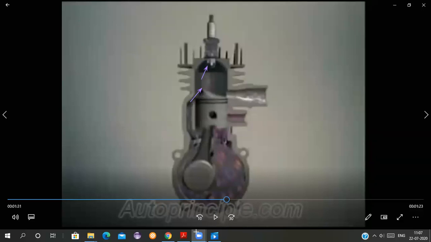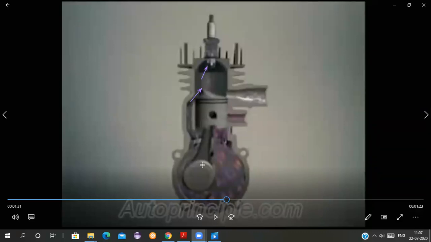In every two strokes of the piston, how many times will the crankshaft rotate in the two-stroke engine? In these two strokes one cycle is completed, and then again the air-fuel mixture comes in from the inlet port and the cycle is repeated.